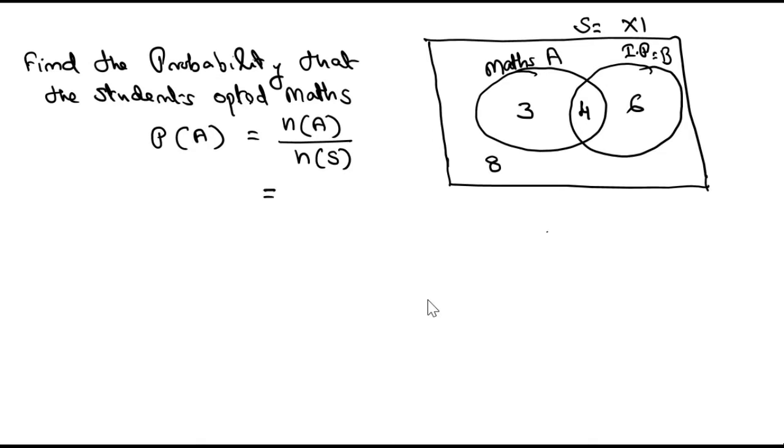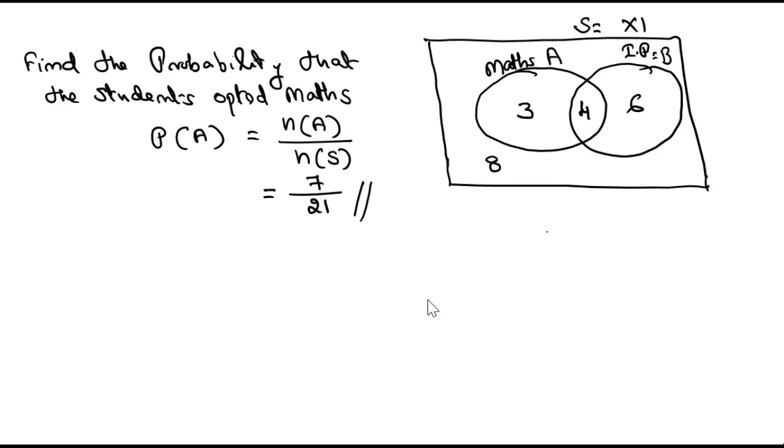From the figure, N of A means 3 plus 4, that is 7, divided by N of S. N of S means the total number of students in the grade level: 6 plus 4, 10 plus 3, 13 plus 8, 21. So this is the probability of those who opted maths.